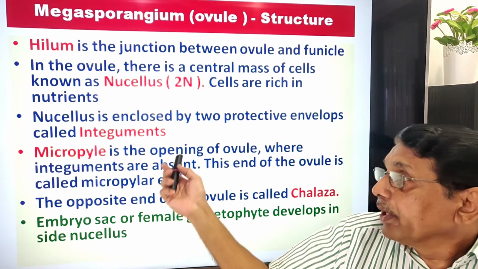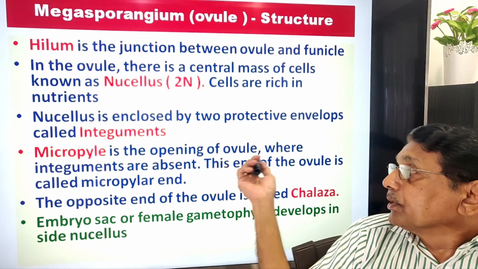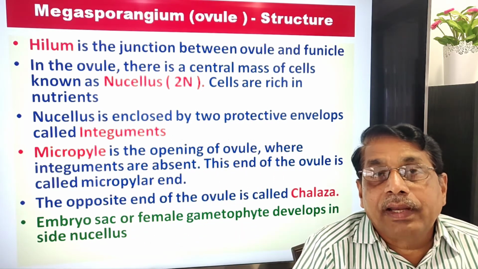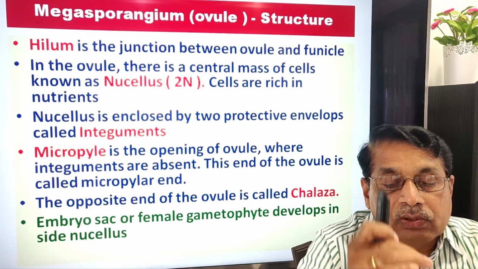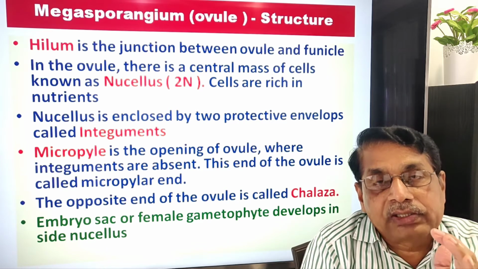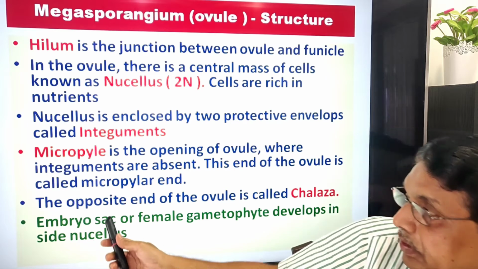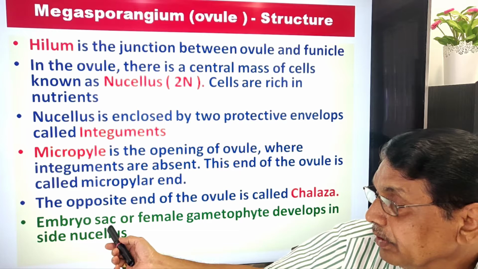That is called micropyle, where the integuments are absent. This end of the ovule is called micropylar end. The opposite end of the ovule is called chalaza, the chalazal end.